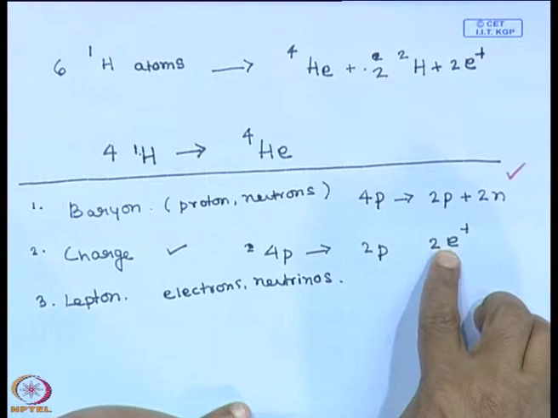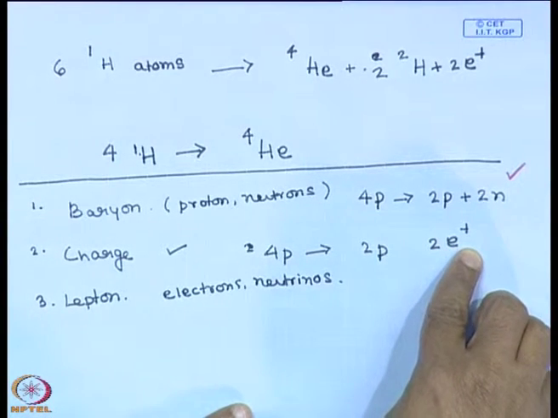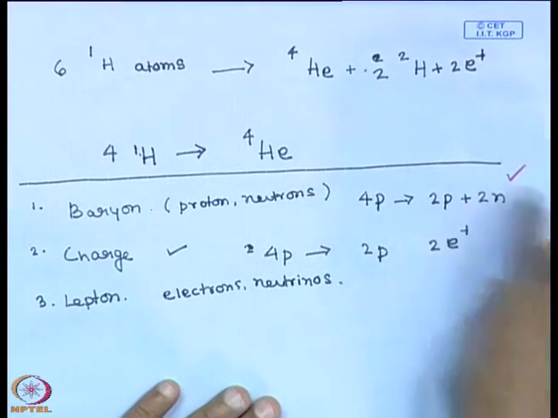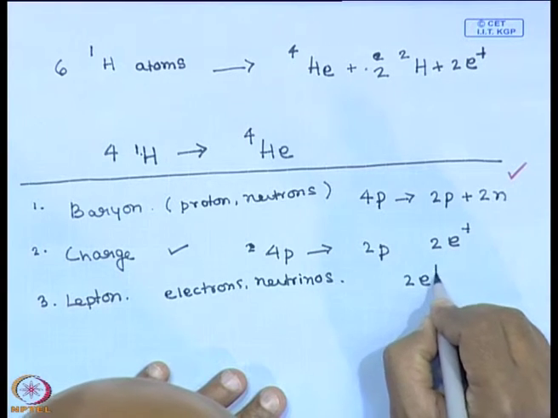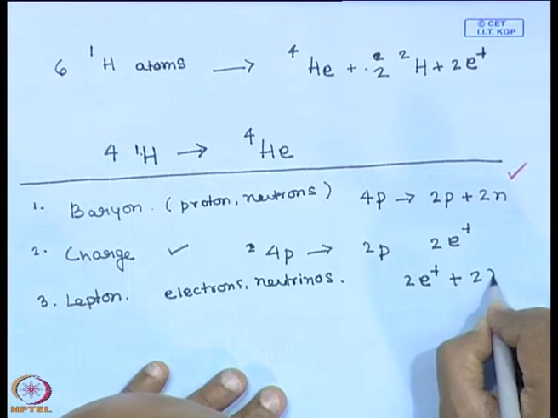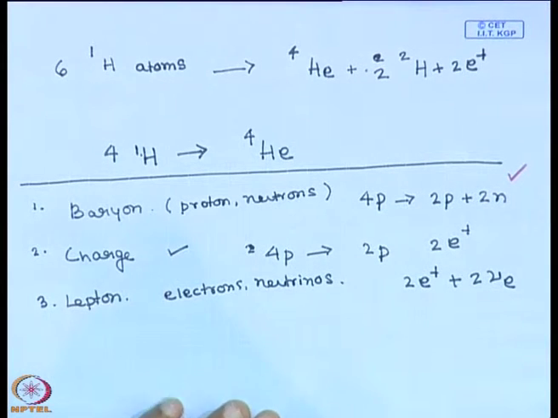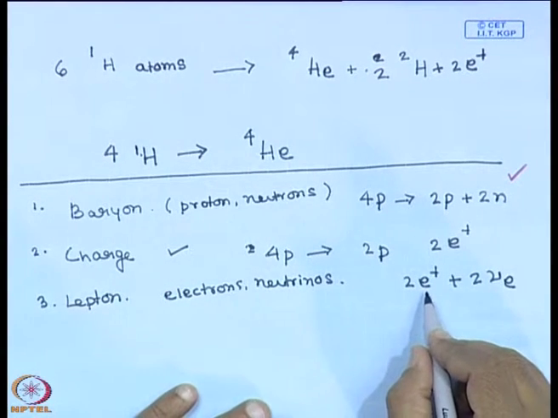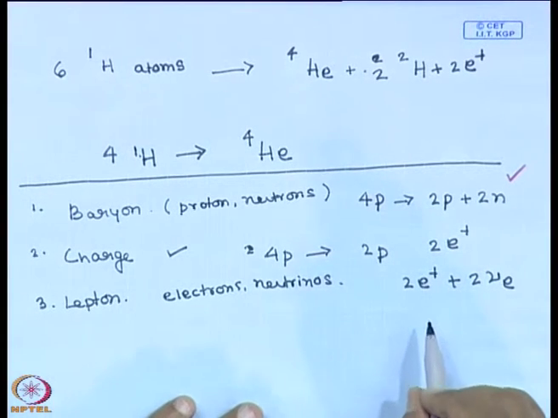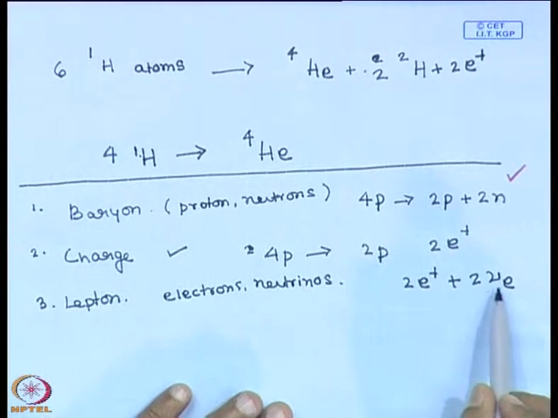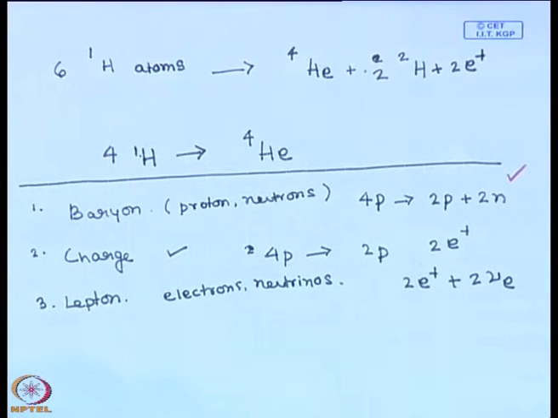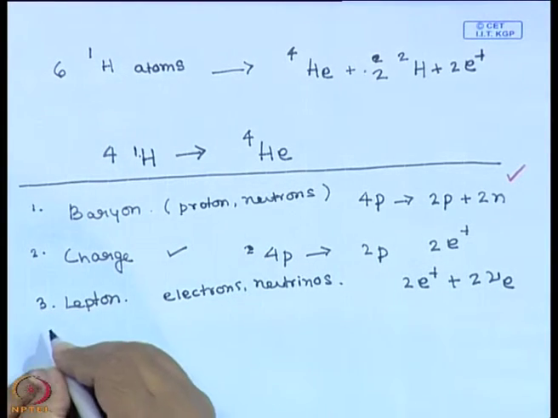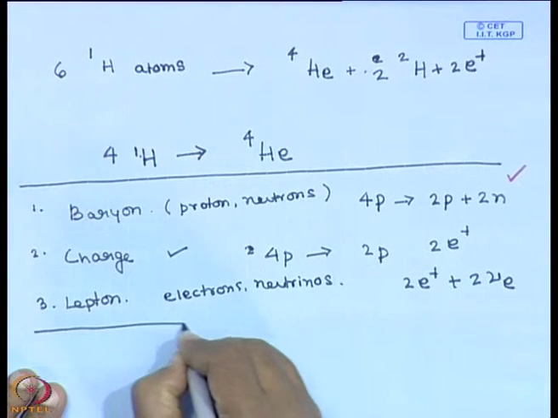You also produce 2 positrons which have got negative lepton number, but you also produce the neutrinos. So, you produce 2 positrons and 2 electron neutrinos which balance the lepton number, right. This is an antiparticle, so it has lepton number -1, so this is -2, and this has a lepton number +2, so these two get balanced. Okay. So, baryon number, charge and lepton number are all being conserved in these reactions.